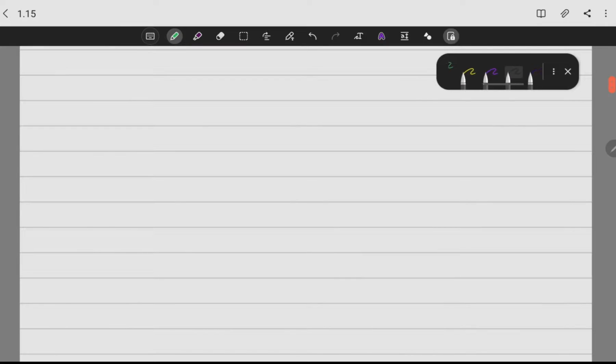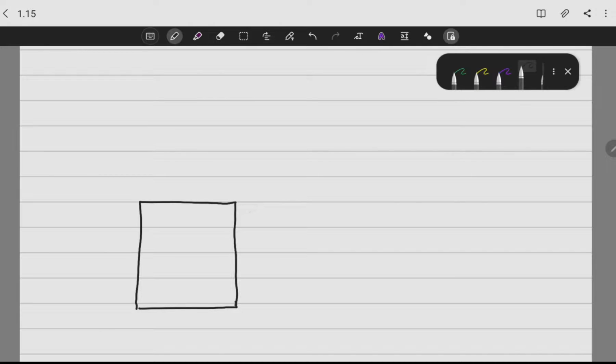So let us first draw the elevator car. Let us say this is the elevator car and it has just started. So at t is equal to 0, initial velocity is equal to 0 and it is moving with the acceleration of a is equal to 1.2 meter per second square.